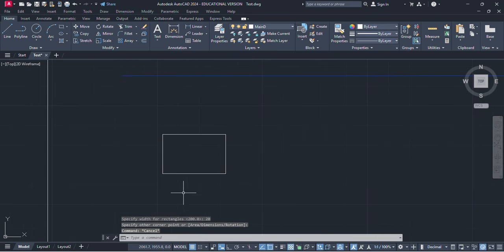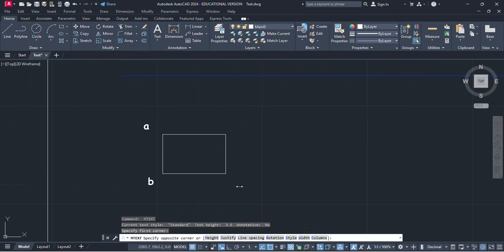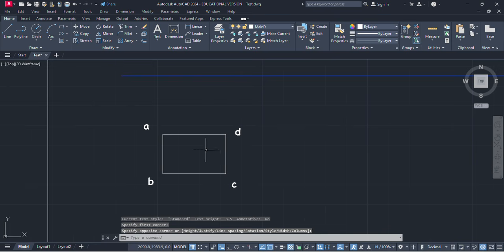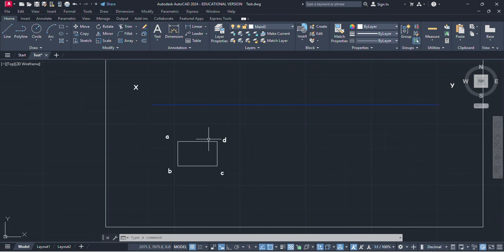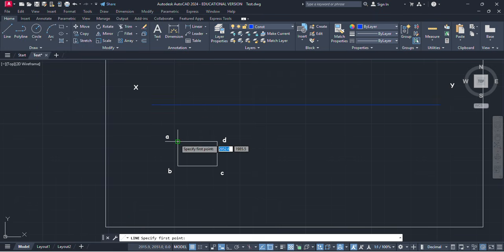This is resting on HP, and the resting edge is this one, AB, B, C, D. So while it is resting on HP on this edge AB, the top view will be exactly of the same size. Now when we observe this rectangle which is resting on HP, the front view will appear as a straight line which will start from this point and end at this point.